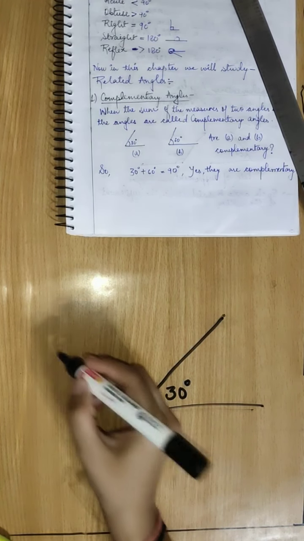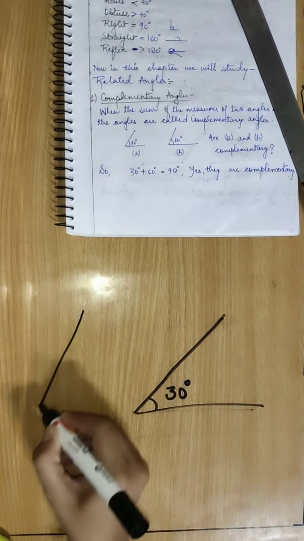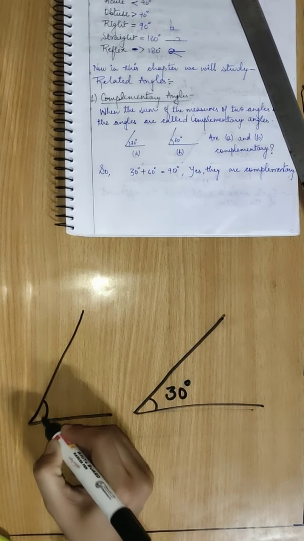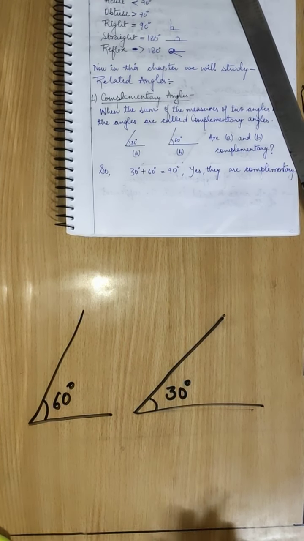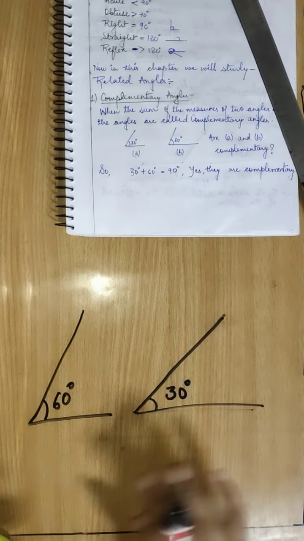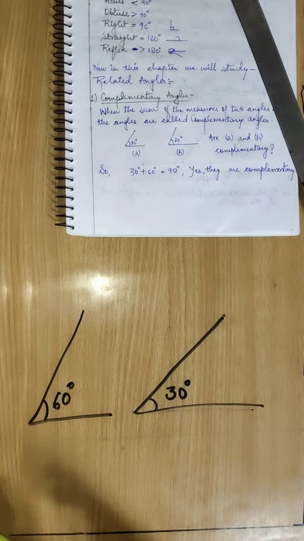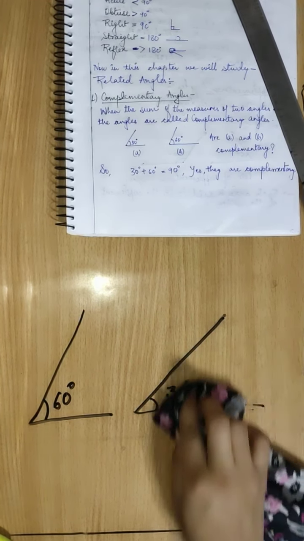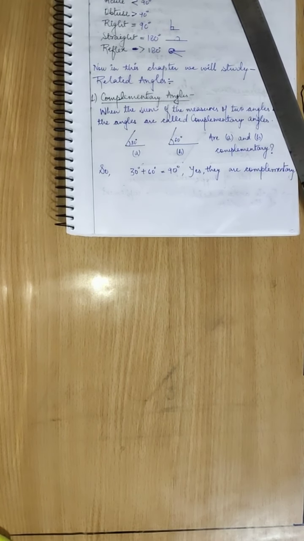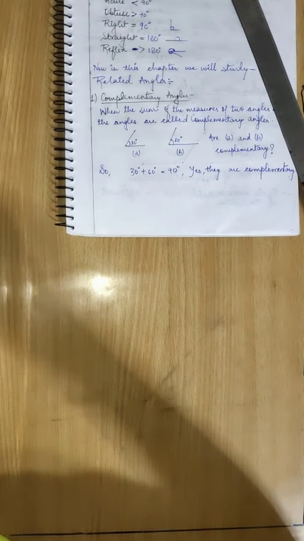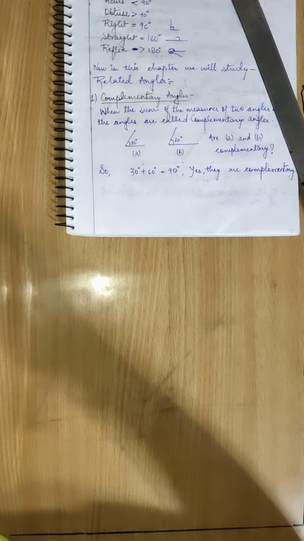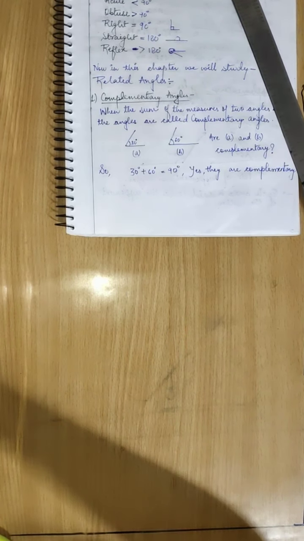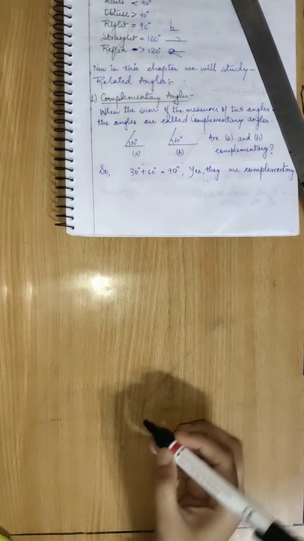Or we can take an angle of 60 degrees. This is also an acute angle. More examples of acute angles are 45 degrees or any angle from 0 to 90 degrees, meaning below 90 degrees is an acute angle.